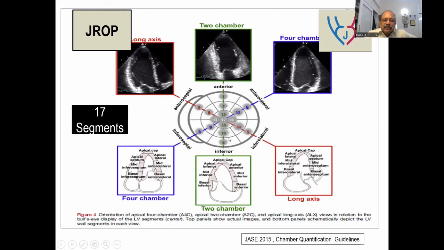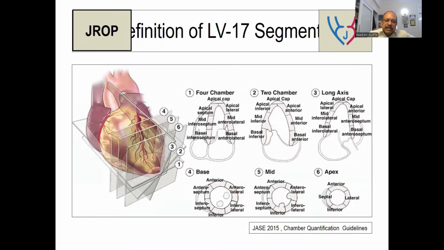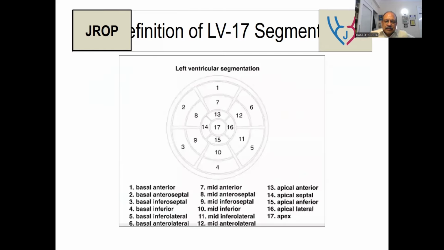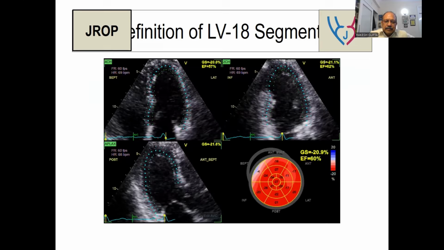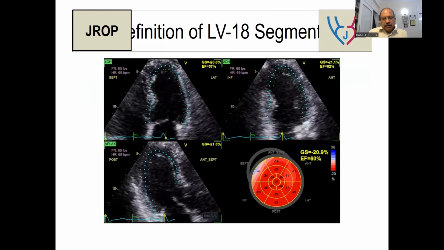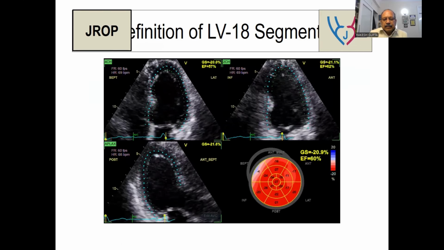And this was trying to match with the nuclear scan people for reporting wall motion abnormalities. Same thing seen over here, now in different formats. And that's how we look at a bullseye pattern in these subset of populations.